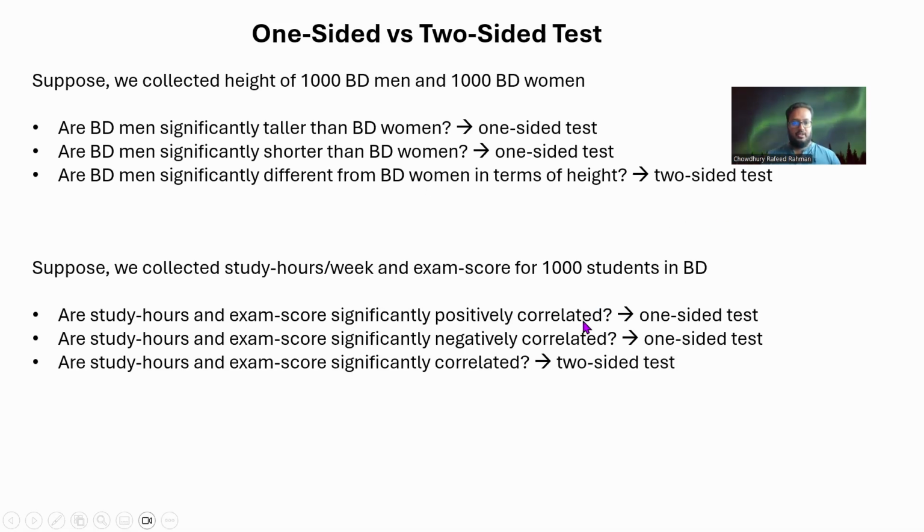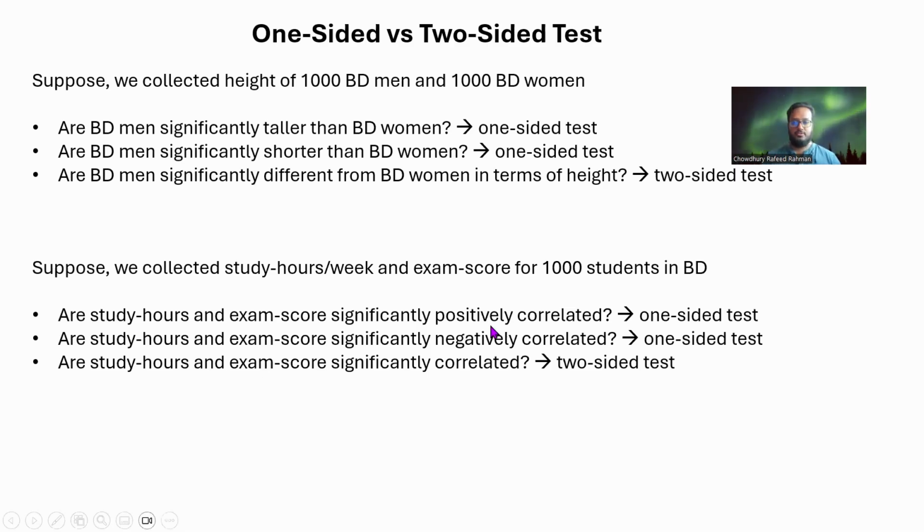Another example we can say is about study hours per week and exam score. So suppose you collected study hours per week and exam score for 1,000 students in Bangladesh. Now you can ask three questions. Number one is, are study hours and exam score significantly positively correlated? That means if you study more before exam, are you going to attain a higher exam score?